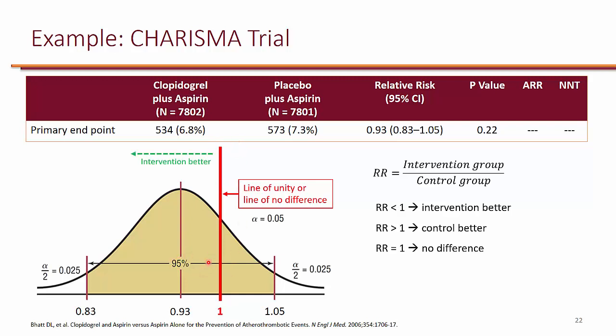Now, if it didn't cross 1 and it was less than 1 on this side, that would mean that the intervention group is better. Or if the whole thing was on the other side, greater than 1, it would actually mean that your control group is doing better than your intervention group. So that's how you interpret relative risk.